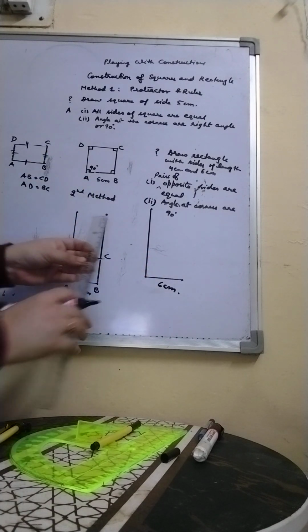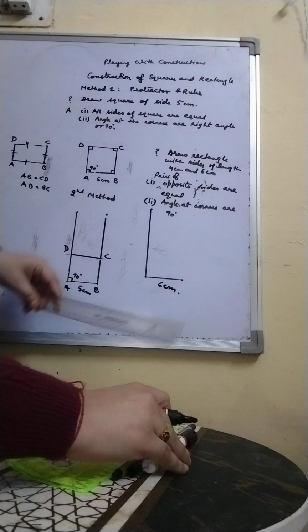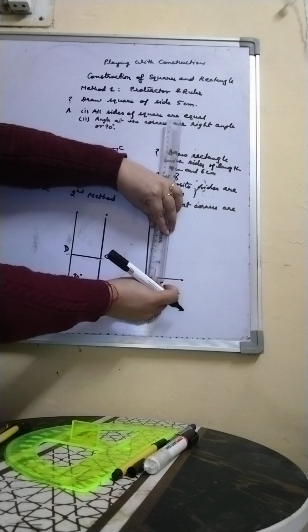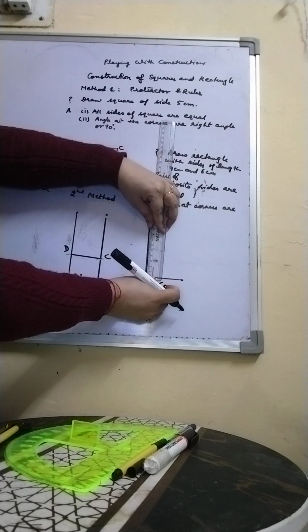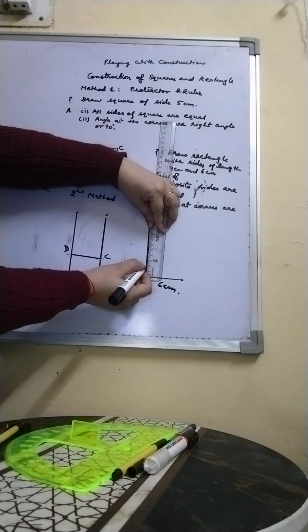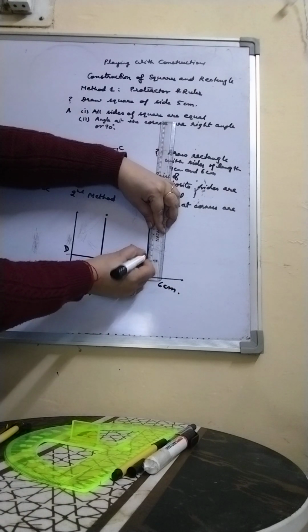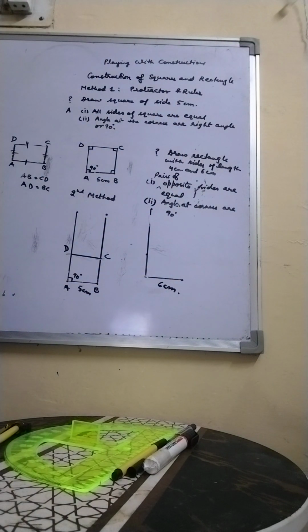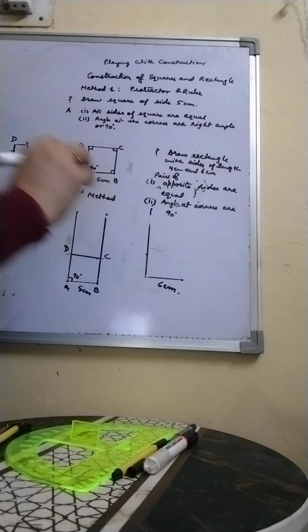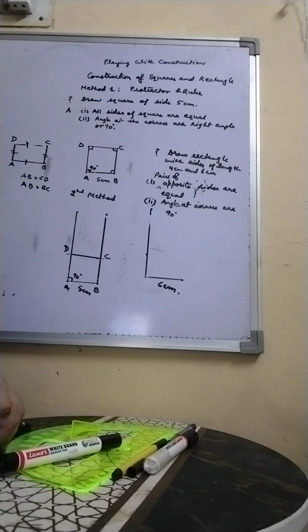So for 4 centimeter you would start the ruler with 0 and go till 4 centimeter. 1, 2, 3 and 4. So this is the 4 centimeter. Okay. So I have not used compass here, but you can use compass.